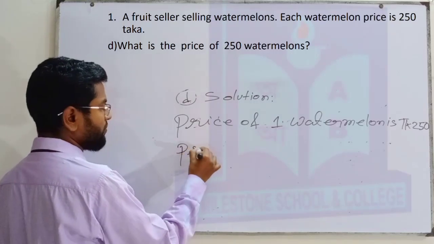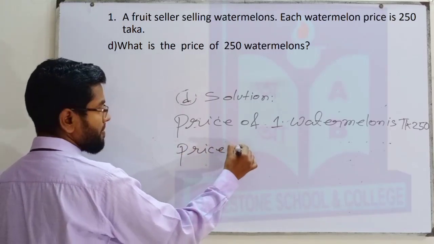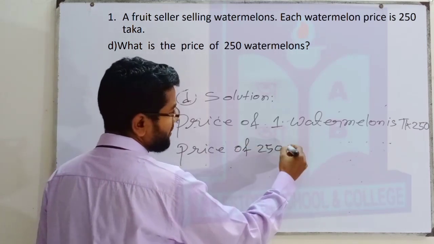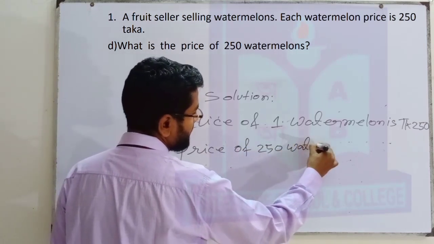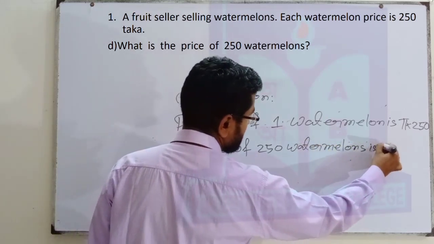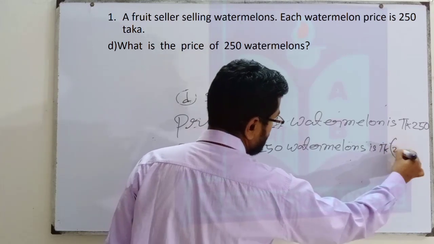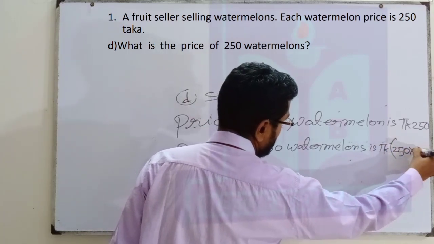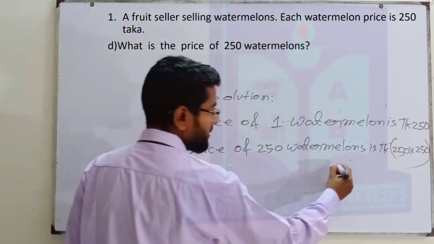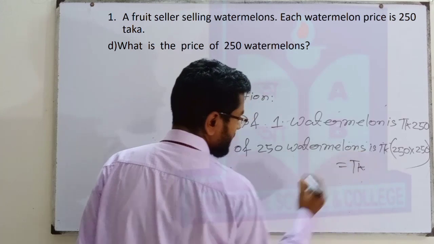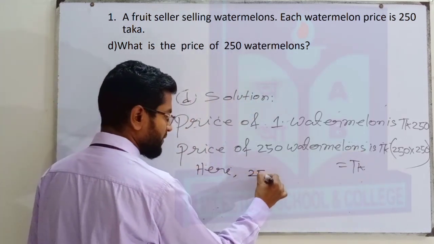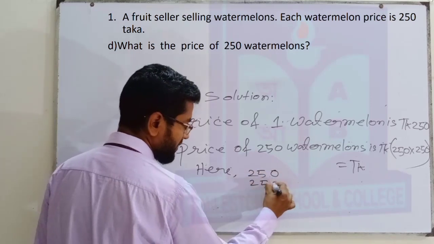Now, price of 250 watermelons is taka 250 multiply 250. What will it be? Taka 250 multiply 250.